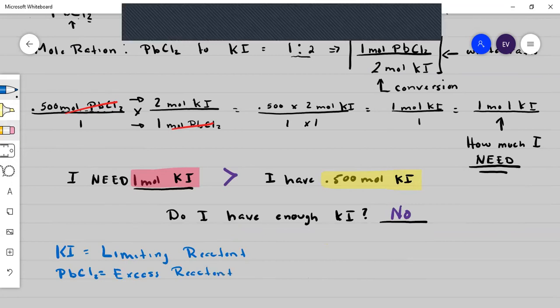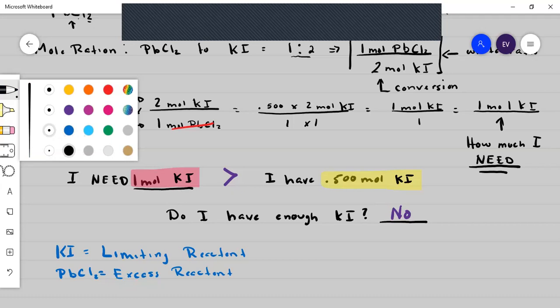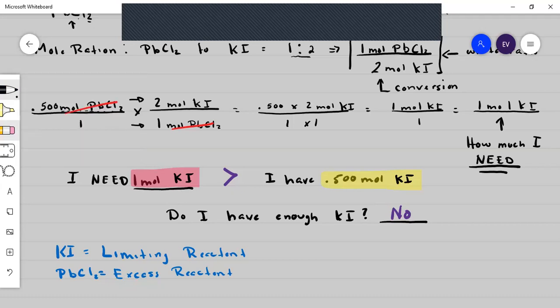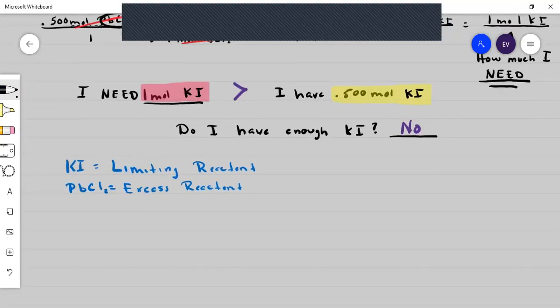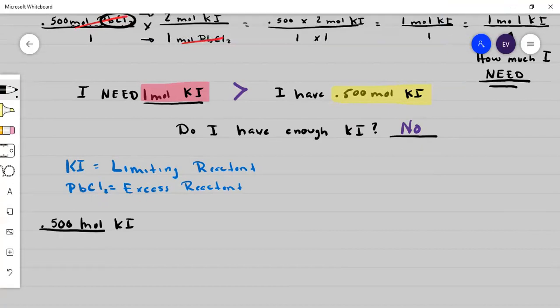Now let's take a look at this real quick. The last time we did this, we started with lead 2 chloride right here. Now we're going to start with potassium iodide. It's going to be exactly the same thing. So you can see that no matter which one you pick, you always get the same answer. So I'm going to multiply now by the mole ratio.